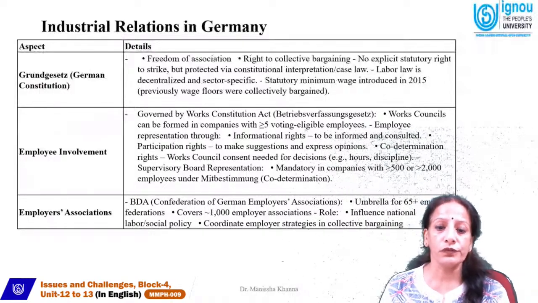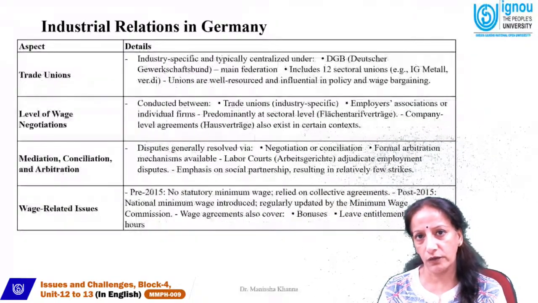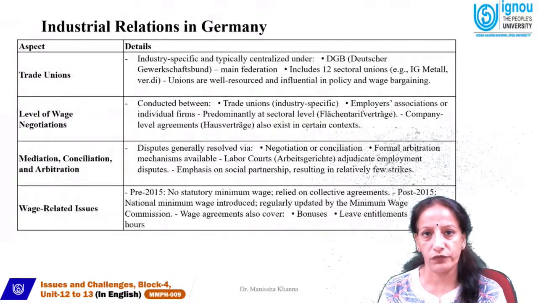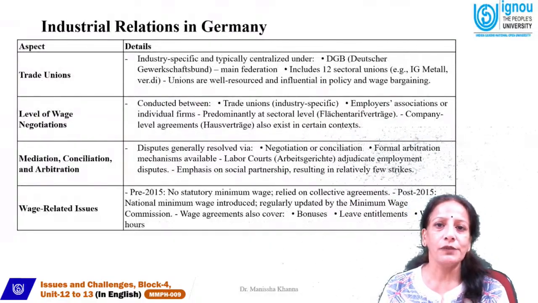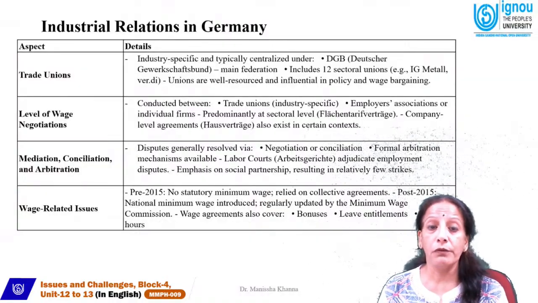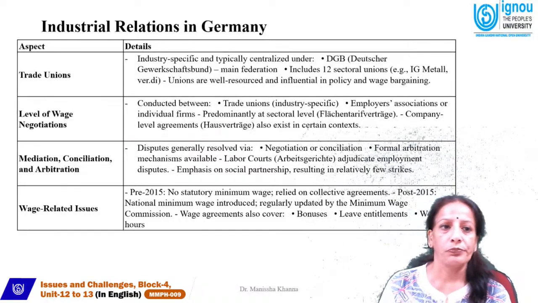Pre-2015, there was no statutory wage, and it relied on collective agreements. But post-2015, when the national minimum wage was introduced and regulated by the minimum wage commission, wage agreements also cover bonuses, leave, and working hours.